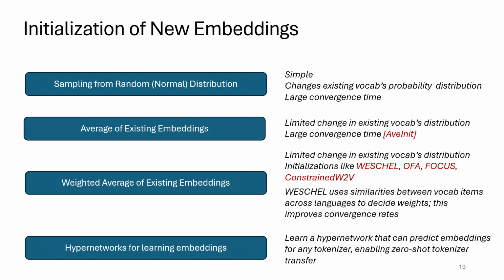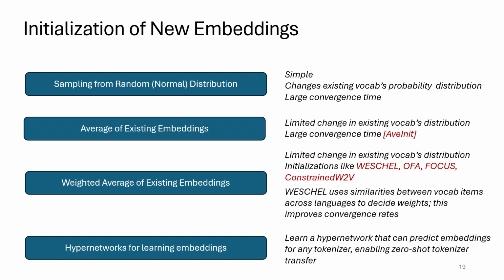A very simple idea is to initialize the new embeddings with the average of the existing embeddings of the existing tokens. Averaging has a good property that it doesn't change the existing vocab's distribution. So the existing language, English, performance will not be impacted, but there are still no guarantees on the convergence time.